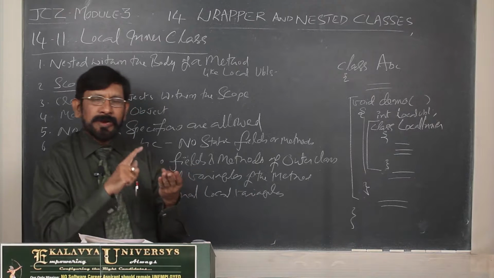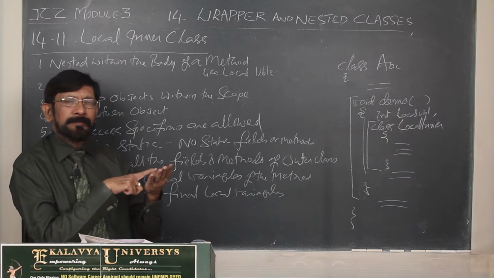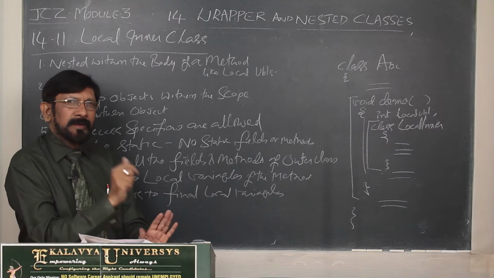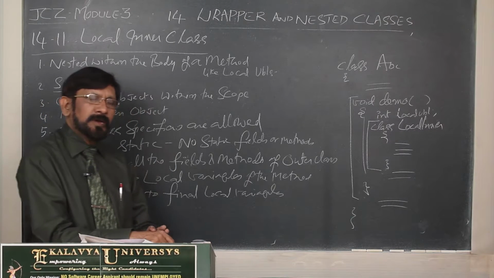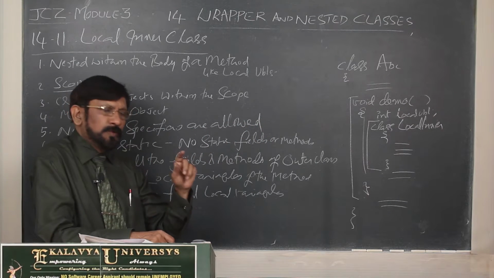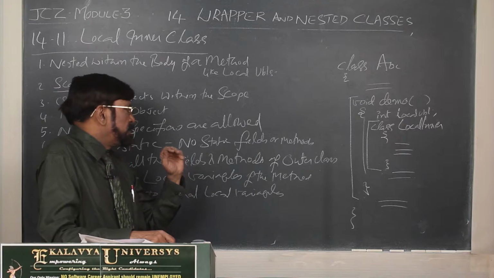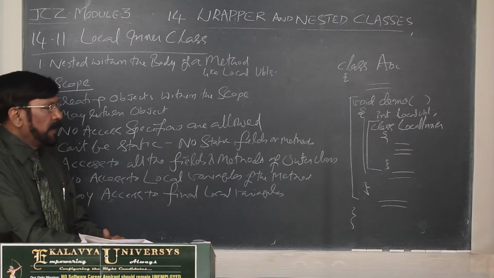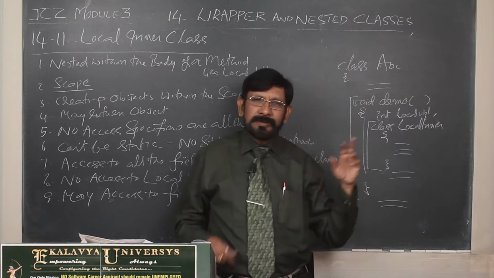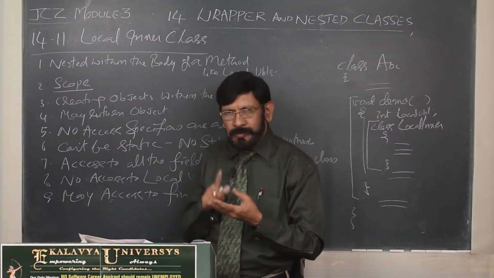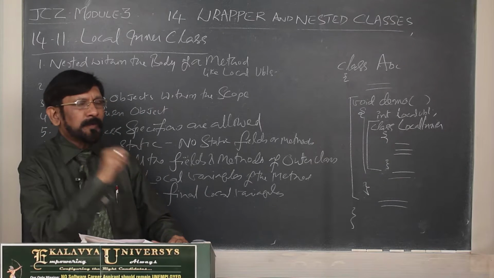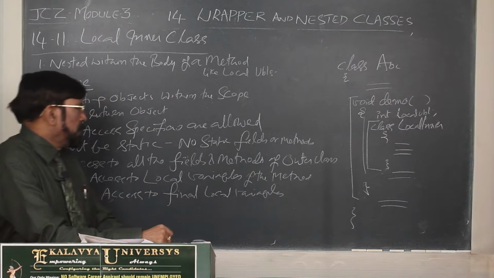That means you should not use either public, private or protected. And number 2 is it should not be static. Local inner class should not be declared as static, and you should not have static members. That means local inner class should not have static fields or methods. That point also you must remember.